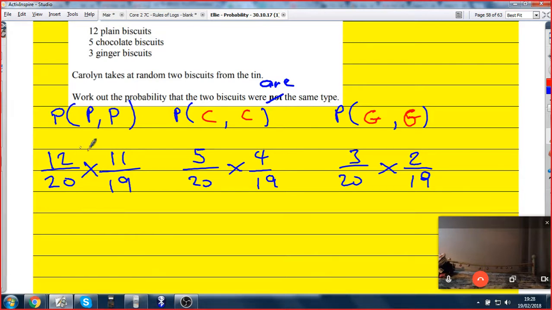To multiply fractions, you just multiply top by top, bottom by bottom. Oh, okay. Any idea what that would be for this one? So 20 times 19. Do you know what that is? No. That's 380. Any idea about 12 times 11?